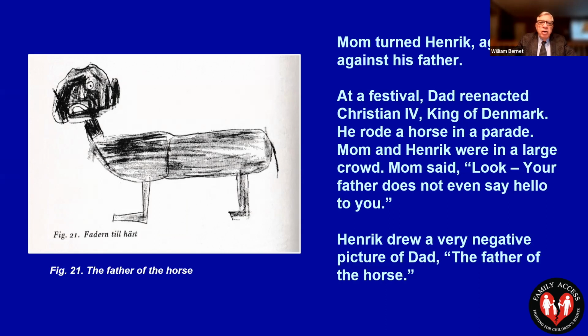This is a very vivid way for this child to convey a negative idea about dad, and it's prompted by things that the mom said to Henrik. And I think the child psychiatrist figured this out. I think she interviewed everybody, and she kind of put the pieces together, and she was able to understand how this whole thing happened.